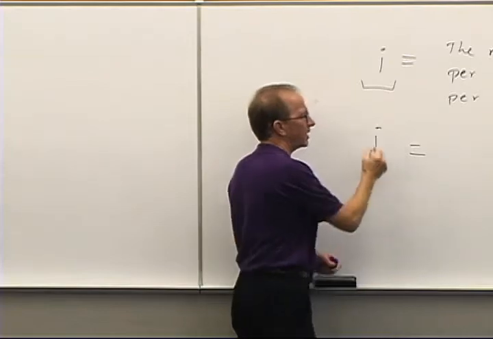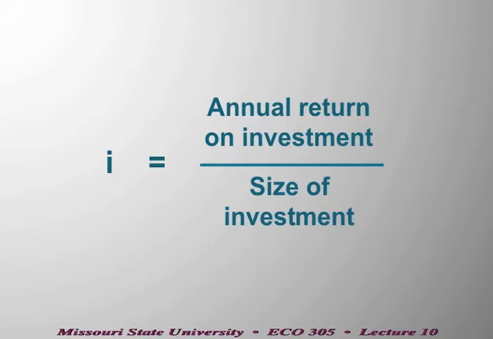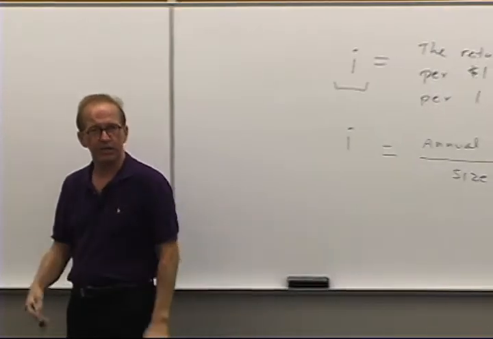Now, the way we do this is we have a fraction, and in the numerator of the fraction, we put the annual return on the investment, and in the denominator, the size of the investment. Okay, so all we've taken is this sentence, the return to the investor per $1 loaned per 1 year, and turned that into a fraction, which we still need to flesh out some.